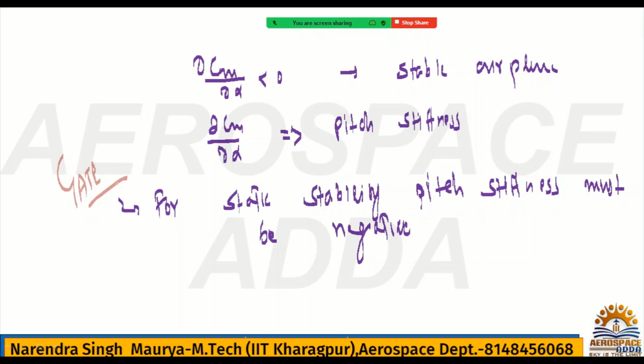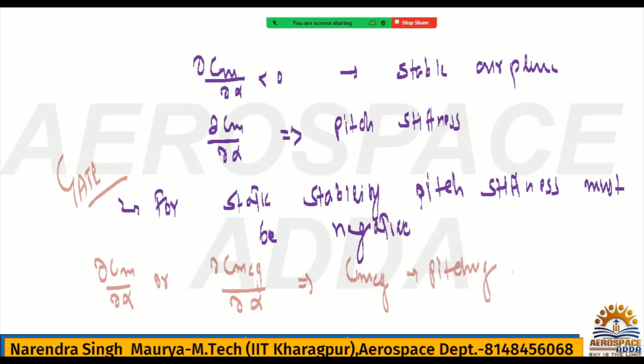Now, this part is done. If I say ∂Cm/∂α, it is also called ∂Cm,CG/∂α. There should not be any confusion. What is the meaning of this? The meaning is very simple. If I am writing Cm,CG, because Cm means what? Pitching moment coefficient. But pitching moment coefficient about what?